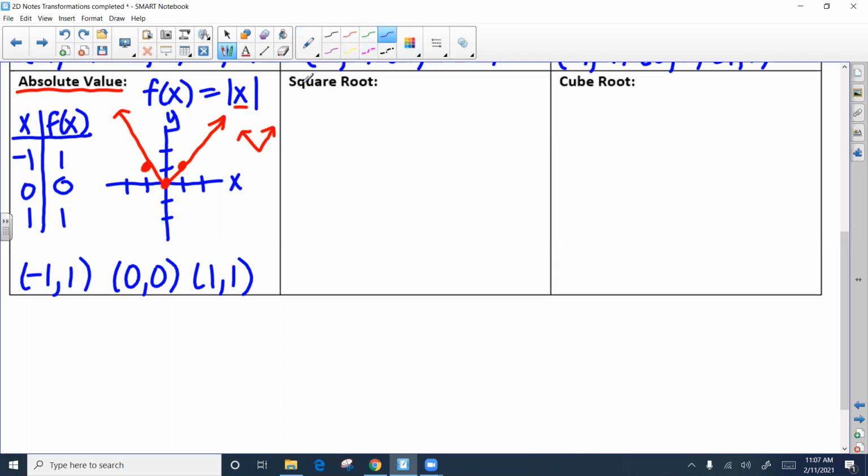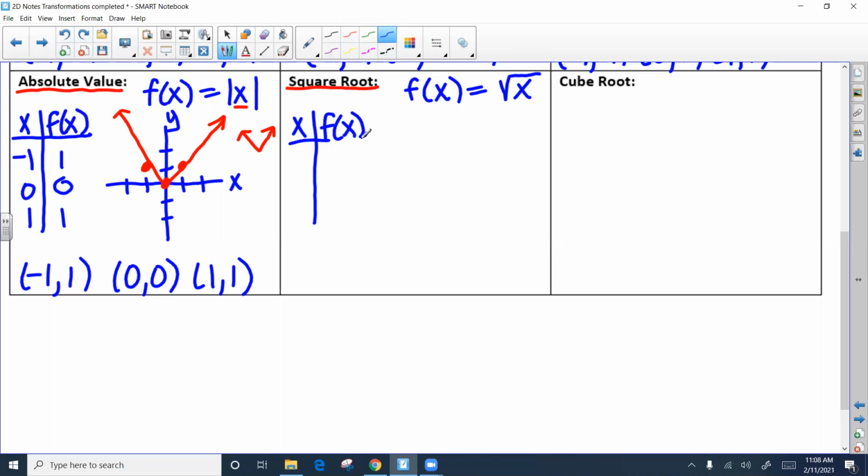Next is a square root. The square root function is f of x equals square root of x. So first, like we've been doing, let's make an x and y or input-output table, x and f of x.